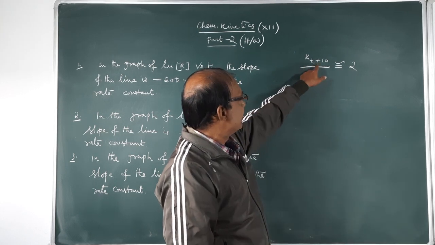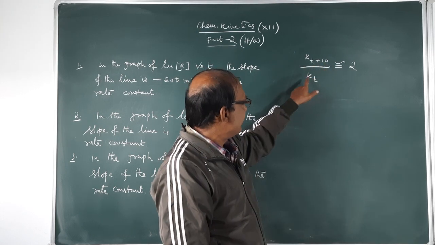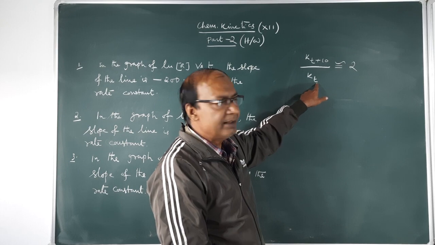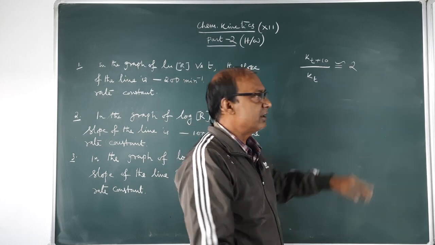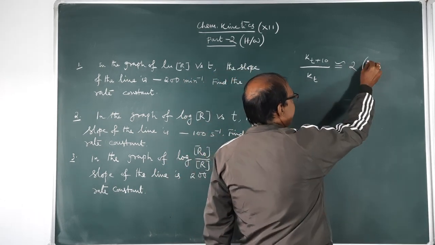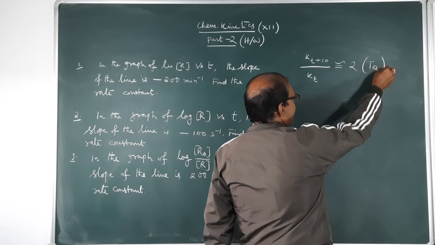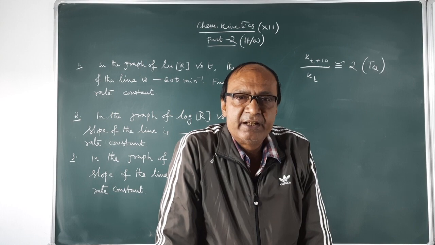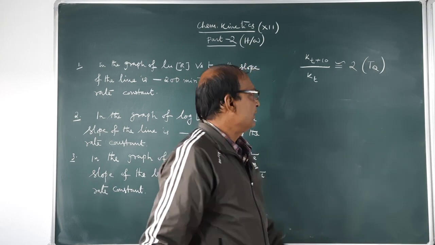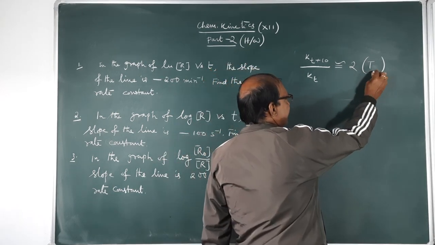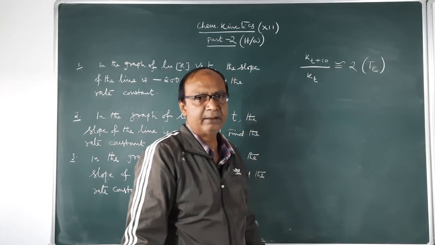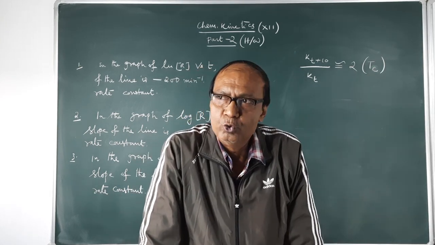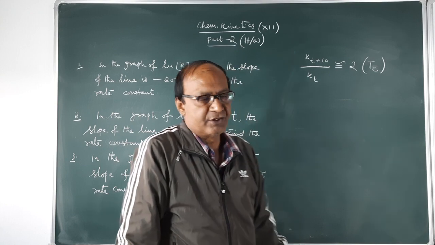This is called the temperature coefficient, TQ. In some books it is written TC, temperature coefficient. It is nearly 2 for every 10-degree rise in temperature.